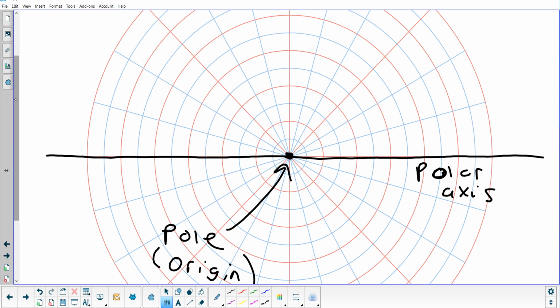Every point that we graph in polar is going to be measured using 2 numbers. A distance from the center and an angle of rotation from the polar axis. That's how graphing a point in polar works. It's a distance you move out from the center and then an amount of rotation.